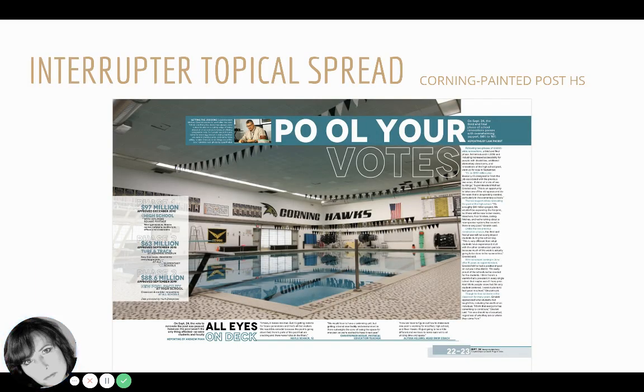Instead, perhaps it's going to be on one particular topic. Here's an example from Corning Painting Post: a really large dominant photo, and only one story on the spread. It was about the phases of the school renovation, and 84% of the entire community was in support of the renovations occurring at the school. So here you have this story, and it's considered an interrupter.